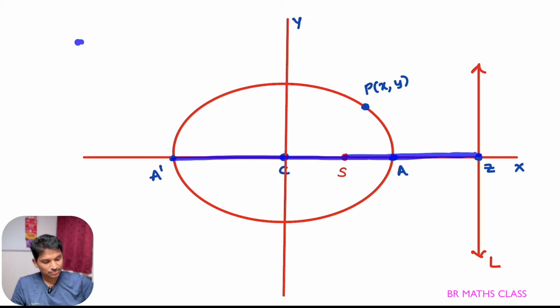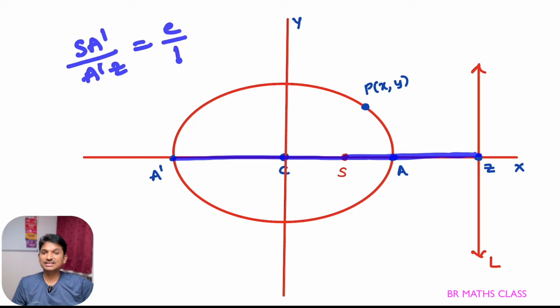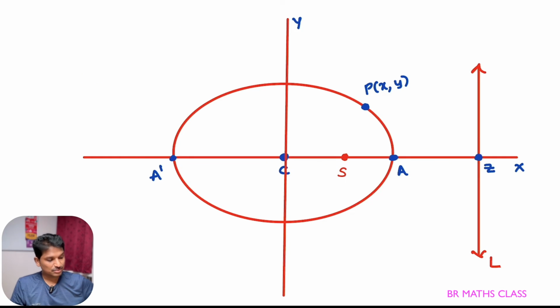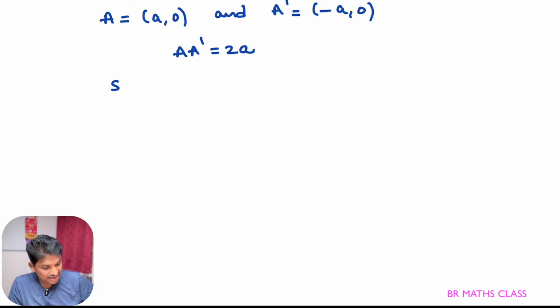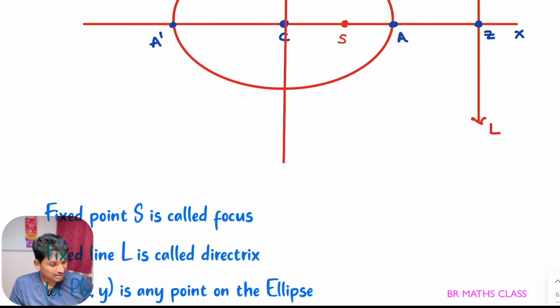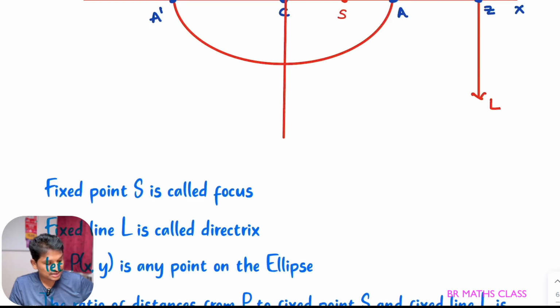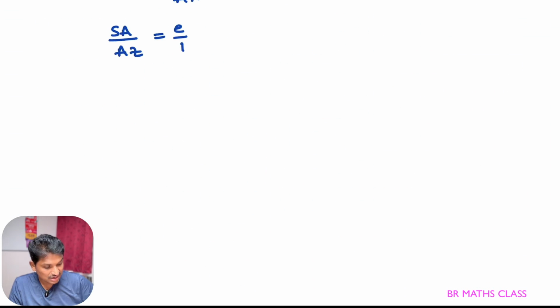How do you write that? We write it as SA dash divided by A dash Z is E is to 1. Now I am going to write this step. SA divided by AZ is E is to 1, and another one is SA dash divided by A dash Z.